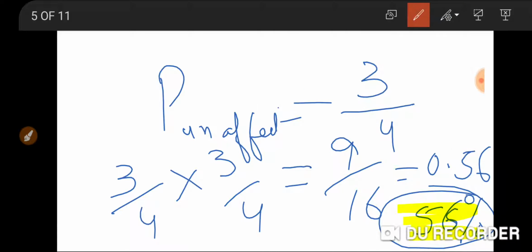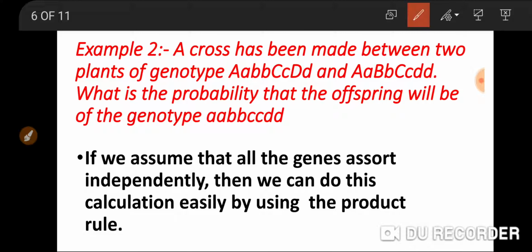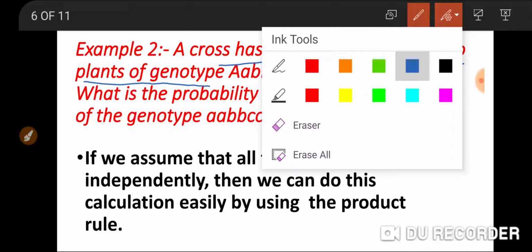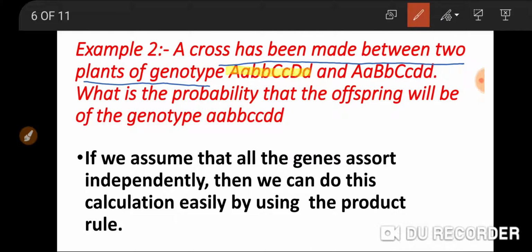So coming to the next example, a cross has been made between 2 plants having the genotypes capital A small a, capital B small b, capital C small c, capital D small d, and the second genotype capital A small a, small b small b, capital C small c, small d small d.